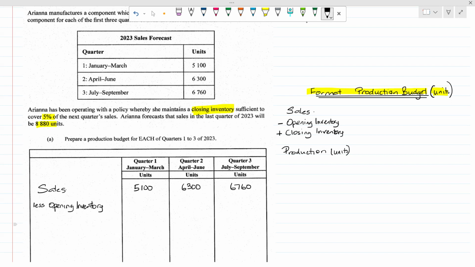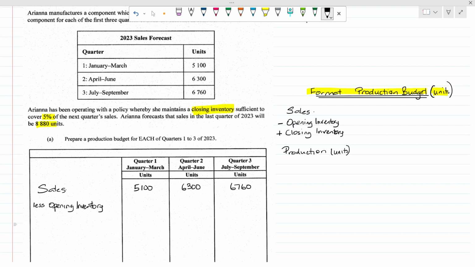Opening and closing is just 24 hours apart. Our accounting period runs from Jan 1st to December 31st. The closing inventory on the 31st of December is the opening inventory on the 1st of January. It's just 24 hours separating the two of them. So if I need to work out what the opening inventory is for this first quarter, that's why it's important for me to think about what happened previously.